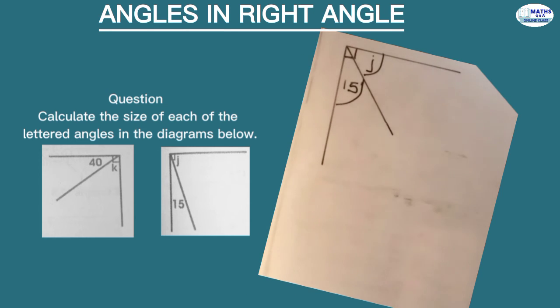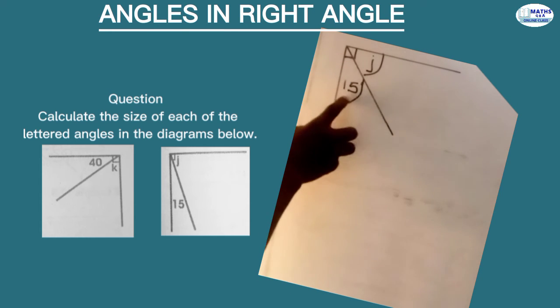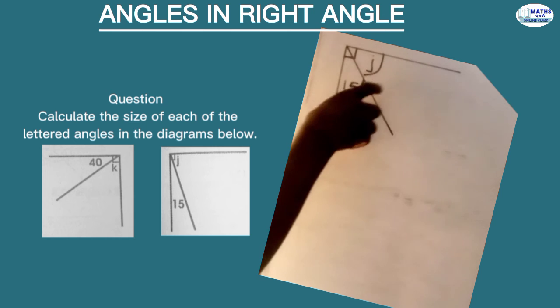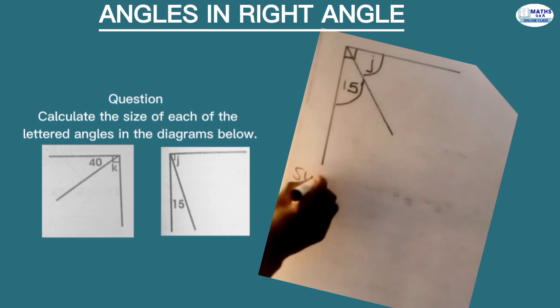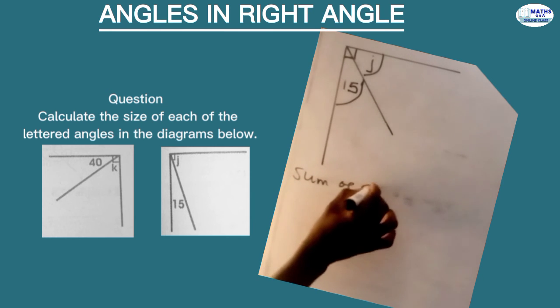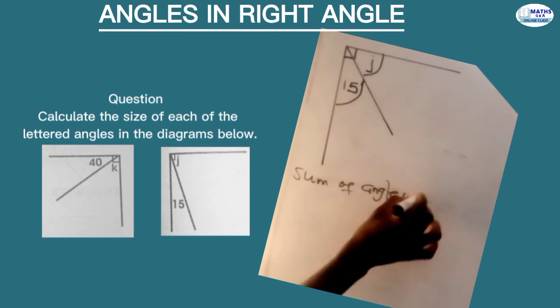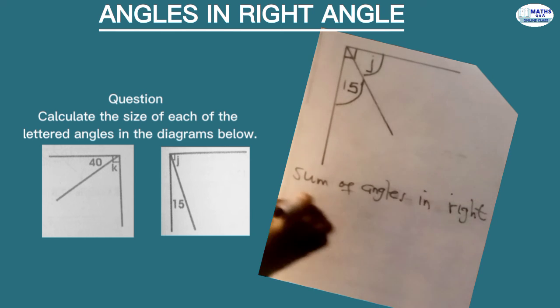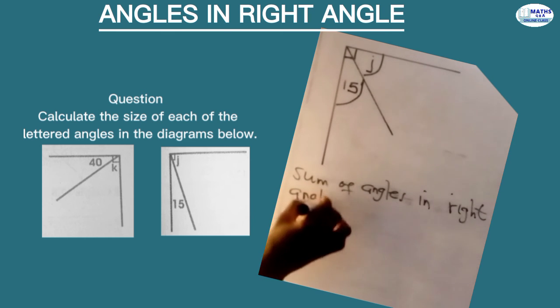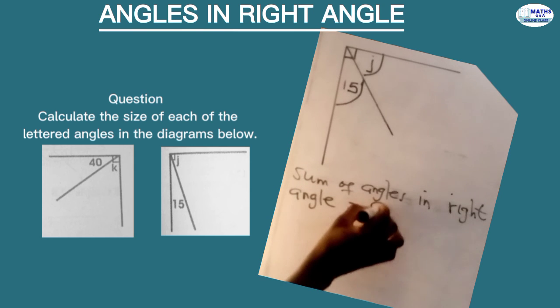Now with this one too, we have angle J and then 15, right? And they are all formed within a right angle. So if you want to find the value of J, we first have to state that the sum of angles in a right angle is supposed to be equal to what? 90 degrees, right?